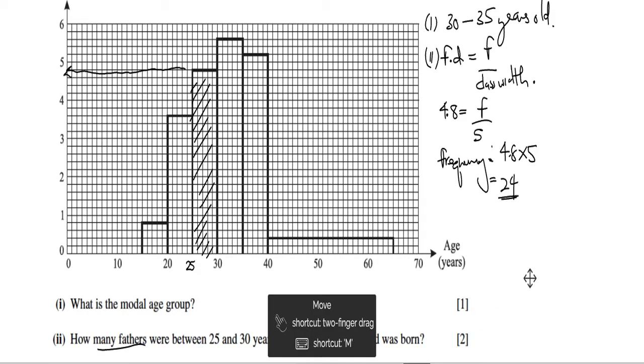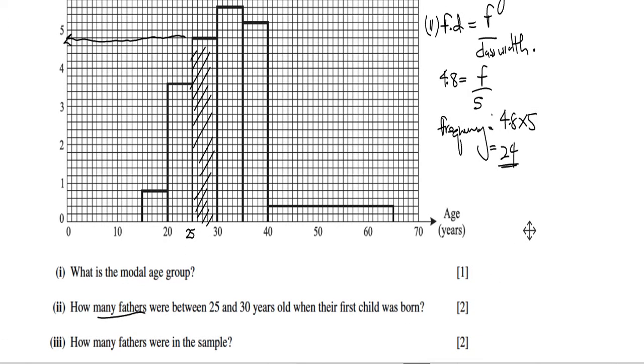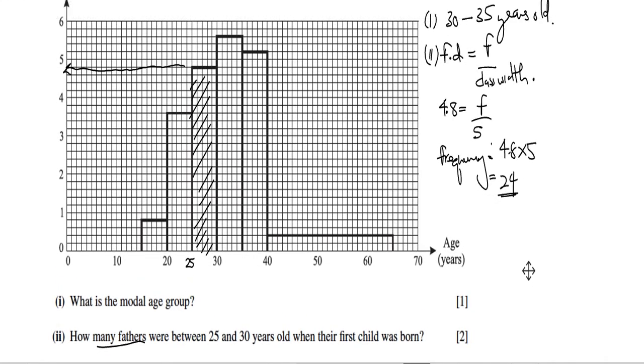Next, how many fathers were in the sample? So basically they're looking at the entire sample, so you have to do one by one. We already know that between 25 and 30 we have 24 of them. Let's look at the others one by one, starting with 15 to 20.